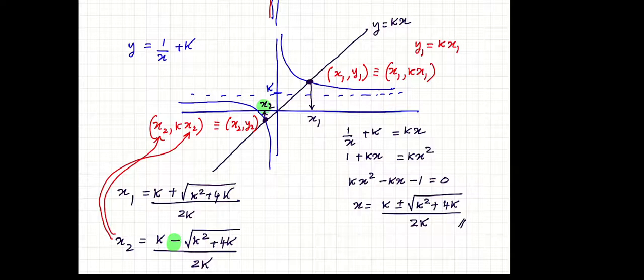So I'm asking you to find the distance here, this distance over here, and this small distance over here. So let's say this is d1, this is d2. So I'm asking you to find d1 and d2, right?